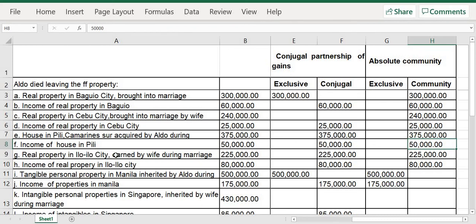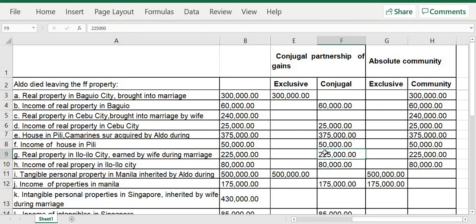Now, letter G, real property in Iloilo City, earned by wife during marriage. So, na-earned ng wife during marriage, maybe because of profession or labor or industry. 225,000. Kaya, magiging part yun ng conjugal properties.